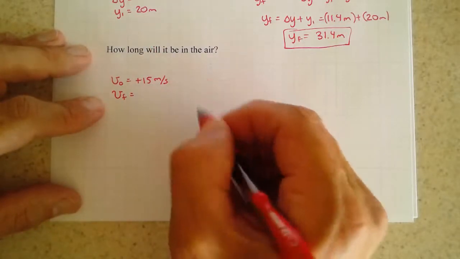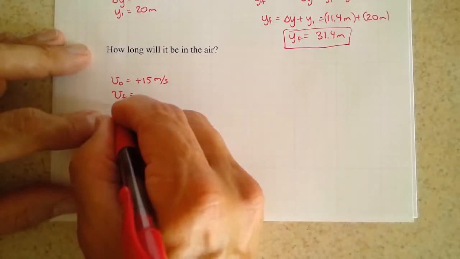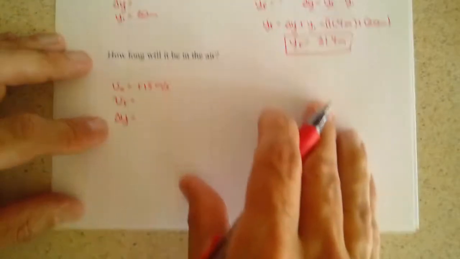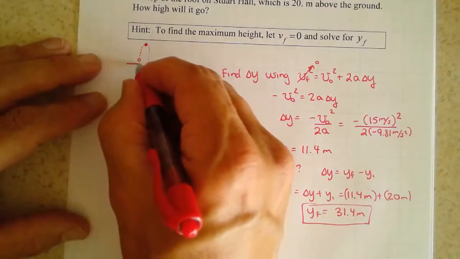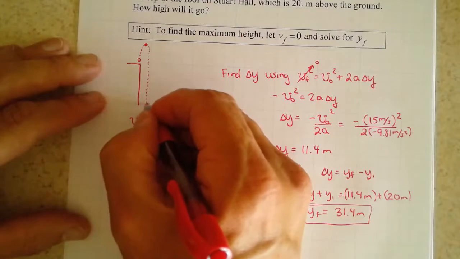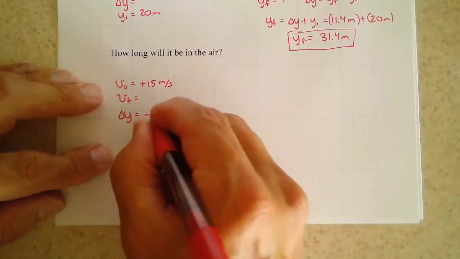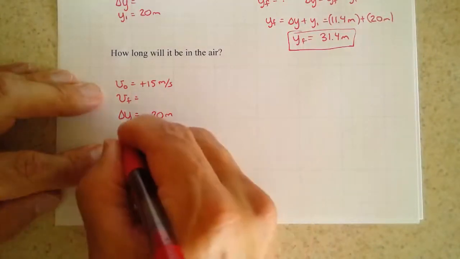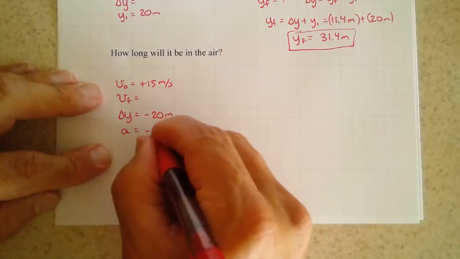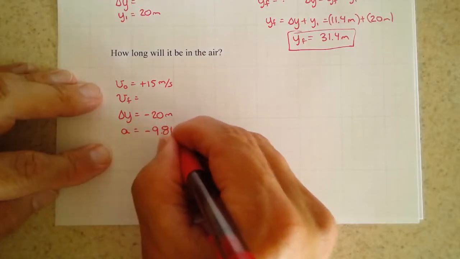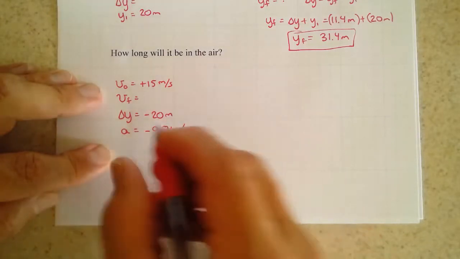In this case, delta y, if it starts at 20 and it ends at 0 down here, is actually negative 20 meters. The acceleration, of course, is negative 9.81 meters per second squared. And we are trying to find t.